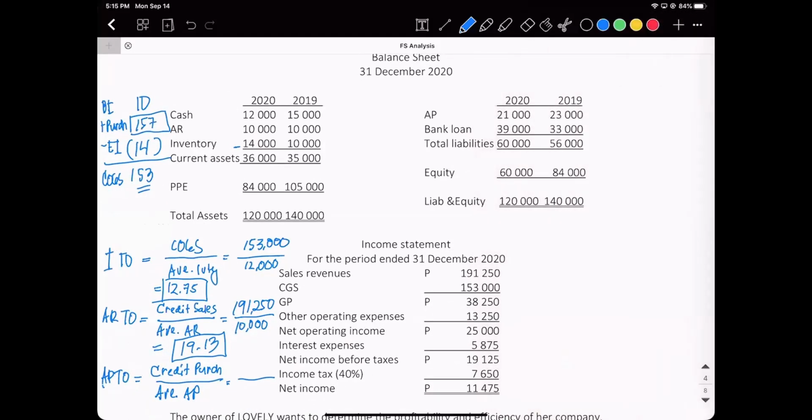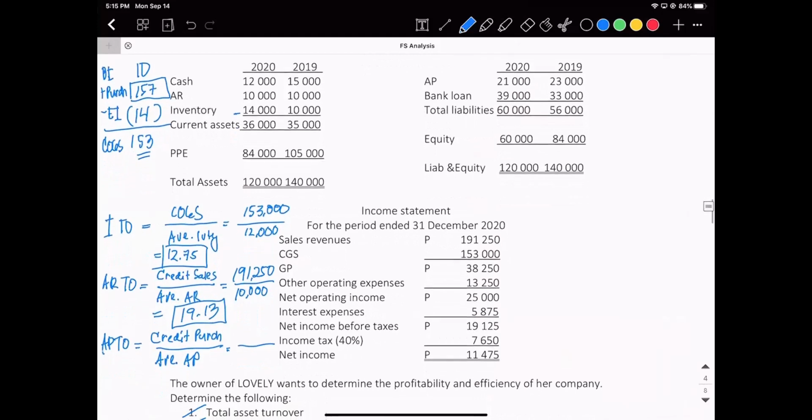Okay. The problem does not state whether these purchases are on account or for cash. So again, if we normally sell on account, we normally purchase on account also. Okay, so we are going to assume that the entire 157,000 are credit purchases.